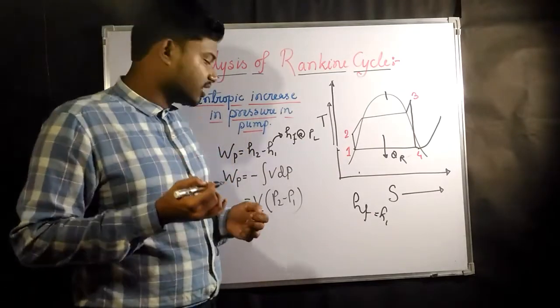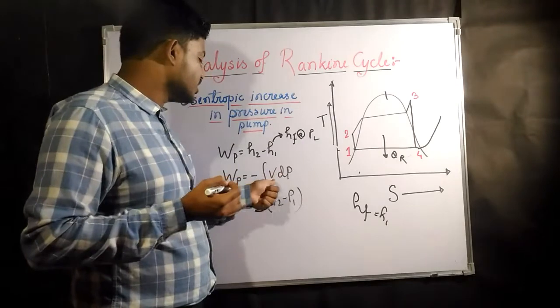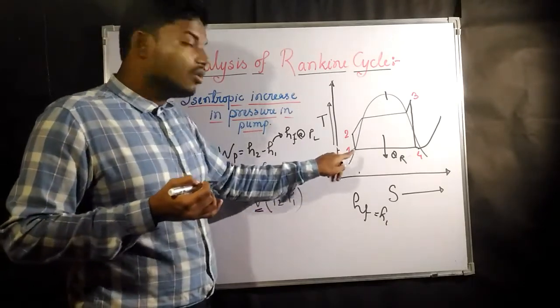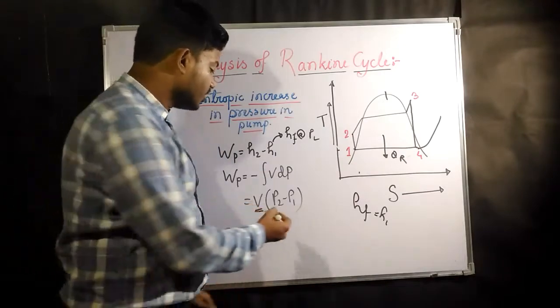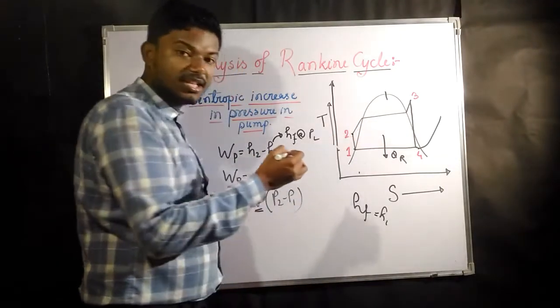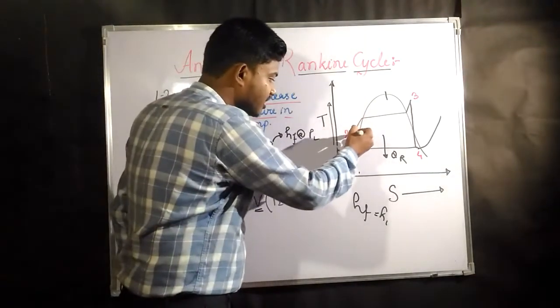If you take volume constant and integrate dP, it is nothing but P2 minus P1. Whatever pressure it has attained after the pumping process is the pressure at point 2.